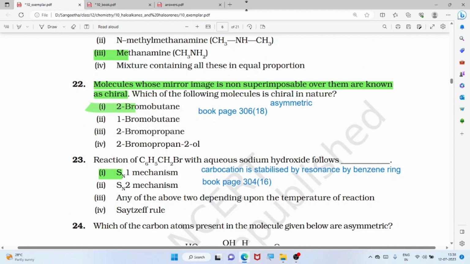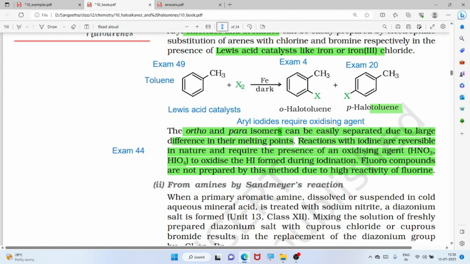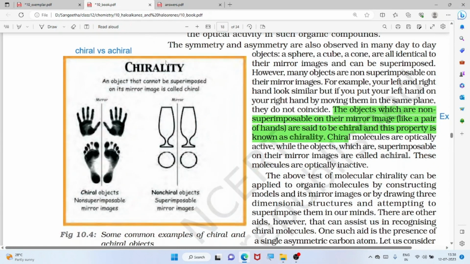Molecules whose mirror images are non-superimposable over them are known as chiral molecules. Which of the following molecules are chiral in nature? 2-bromobutane.